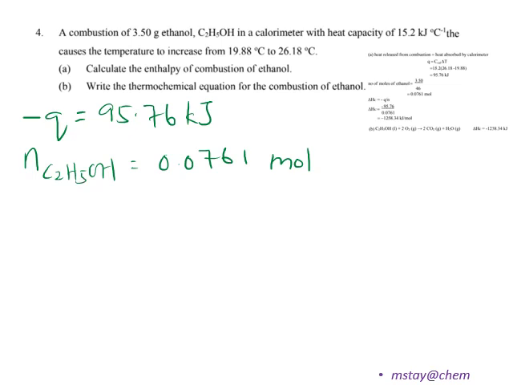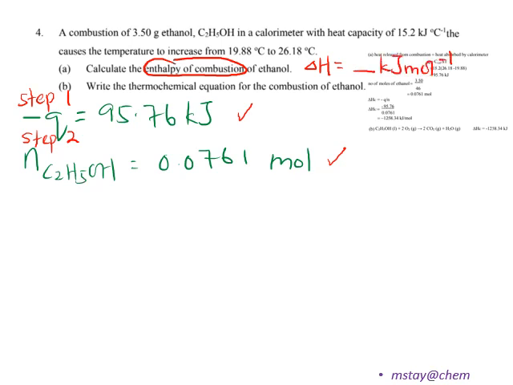From the previous slide, we already completed step 1, where the heat release is 95.76 kilojoule, and we also finished step 2, determining the number of mole of ethanol burned, which is 0.0761 mole. Based on the question, we want to look for the enthalpy of combustion, which stands for delta H, in the unit of kilojoule per mole.